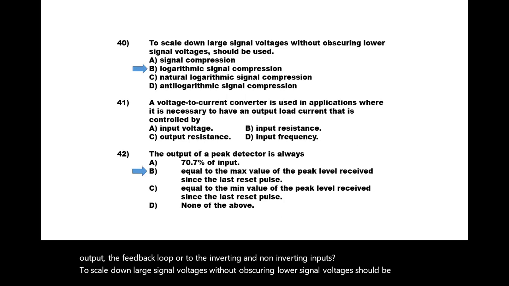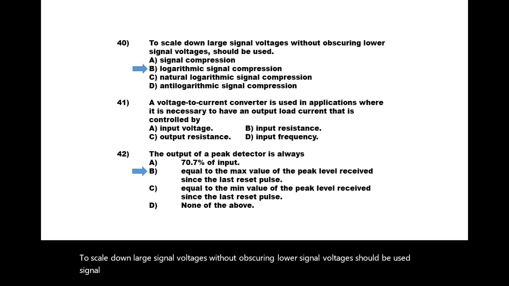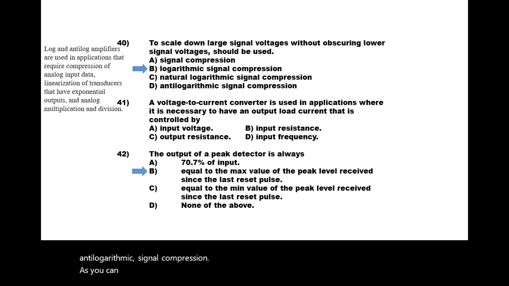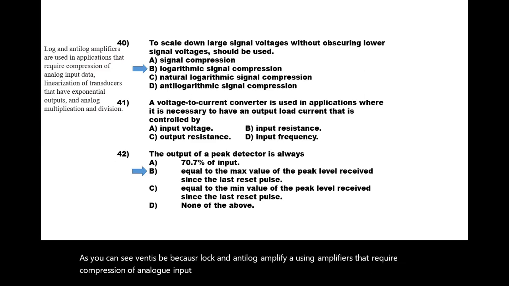Signal compression, logarithmic signal compression, natural logarithmic signal compression, or anti-logarithmic signal compression. As you can see, the answer is B, because log and antilog amplifiers are used in applications that require compression of analog input data, linearization of transducers that have exponential output, and analog multiplications and divisions.